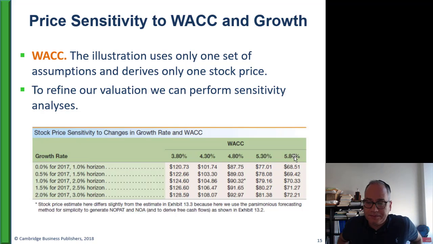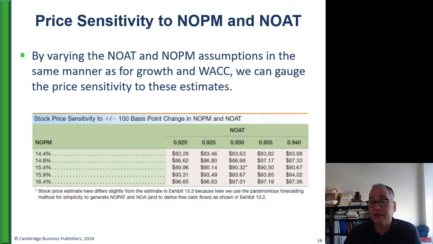Similarly, if your growth rates increase to 2 or even 3%, then this becomes a much better investment, and with a lower weighted average cost of capital, this actually becomes a much better deal. The same goes for NOPM and NOPAT, net operating profit margin and net operating asset turnover. We calculated these based on financial statements, but the reality is that they may change in the future.